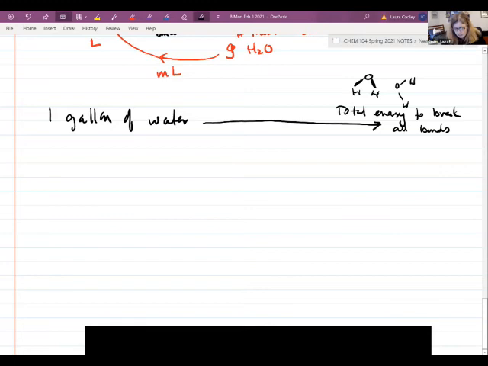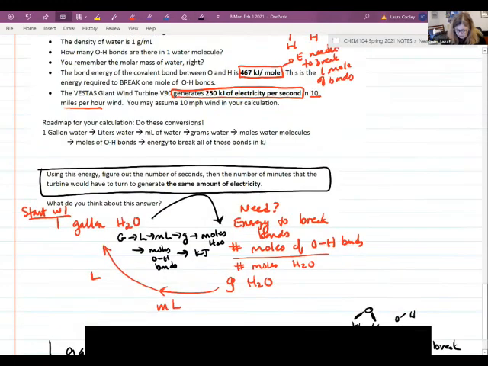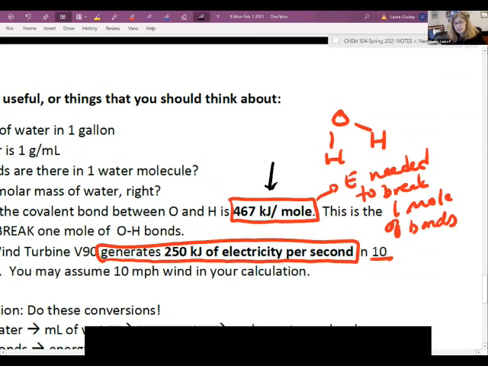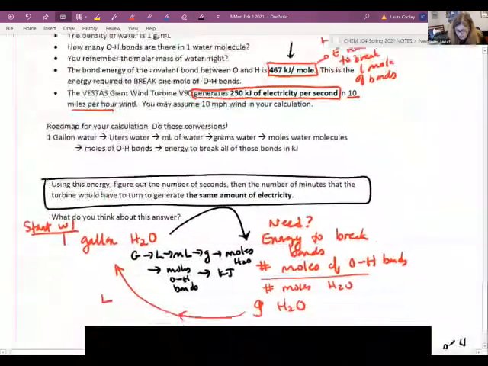Okay, and we're given a very special number here that should really help us out. And that is this number in the box, this particular one, 467 kilojoules per mole. That is the energy required.